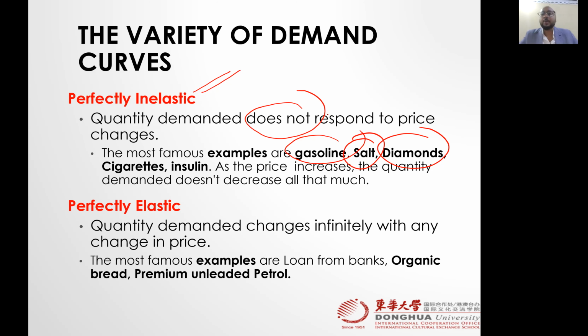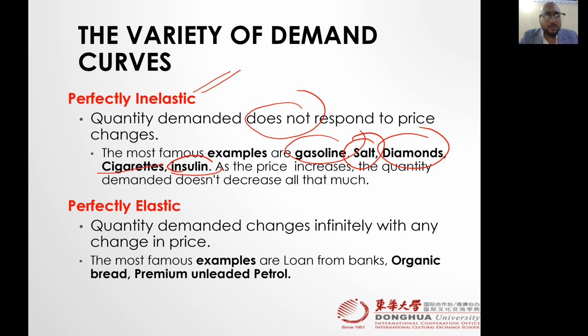If you have a car and the price has increased for a period of 3 or 4 days, you don't have other choices. It's a necessity for you. You still buy gasoline, right? Cigarettes: no matter what the price, if you are a chain smoker, you must buy cigarettes. Insulin, life-saving drugs, there are a number of examples.